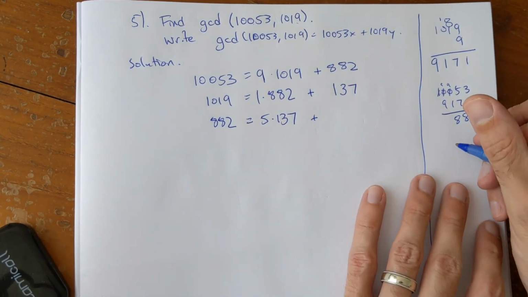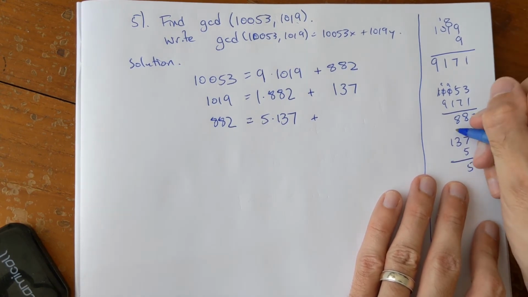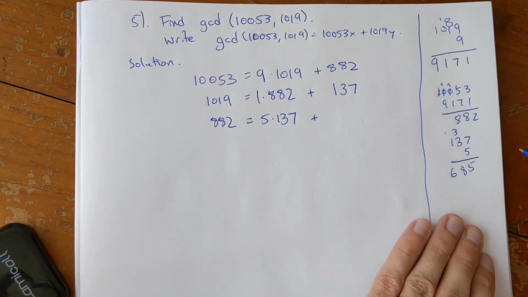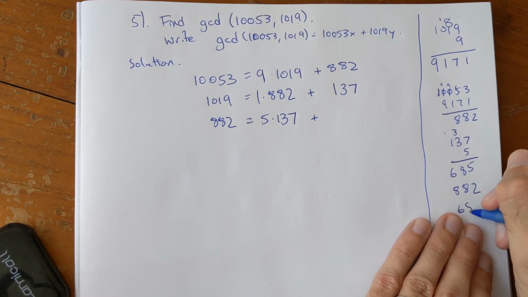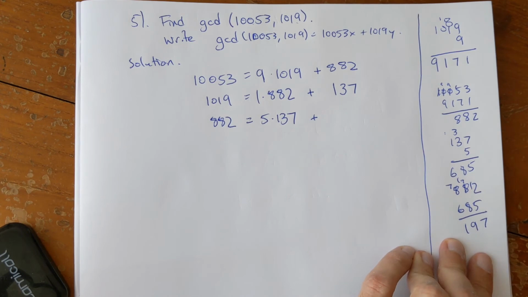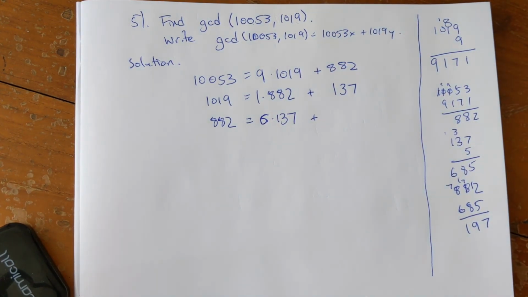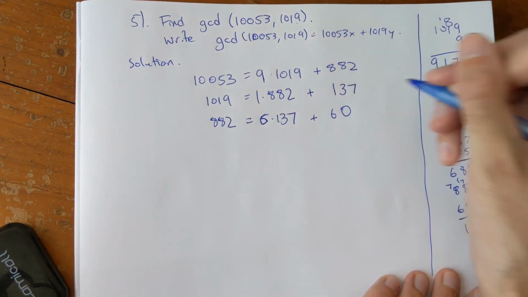And then 137 times 5. This is pretty boring. Well, I guess it can go in 6 times, and with a remainder of 60.